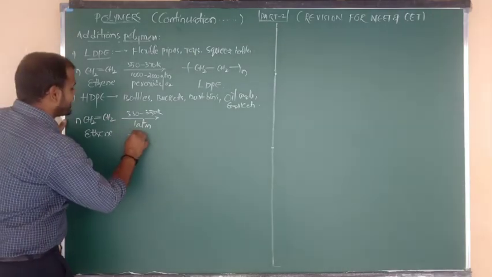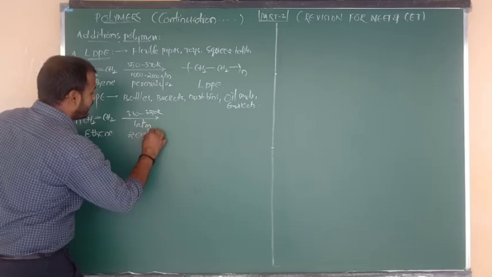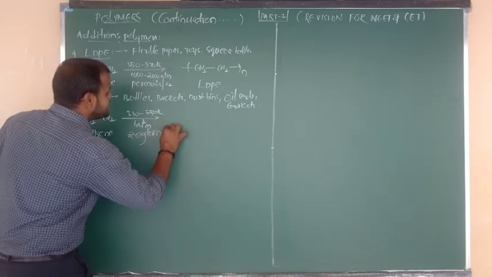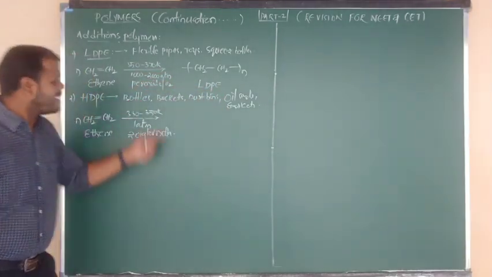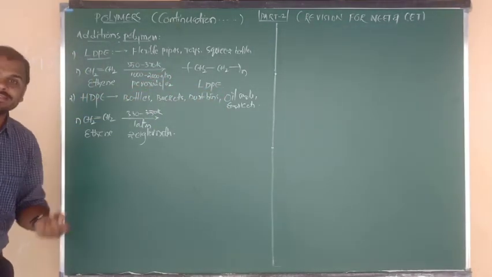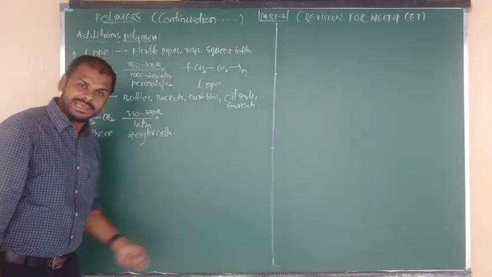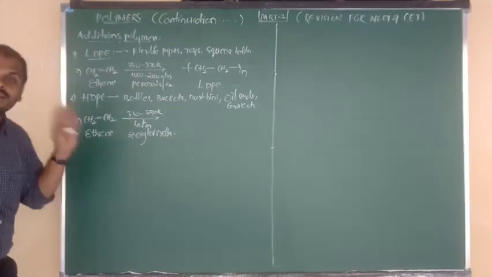The catalyst is called Ziegler-Natta catalyst. The catalyst for LDPE preparation is traces of oxygen or peroxide, and the catalyst for HDPE is Ziegler-Natta catalyst.